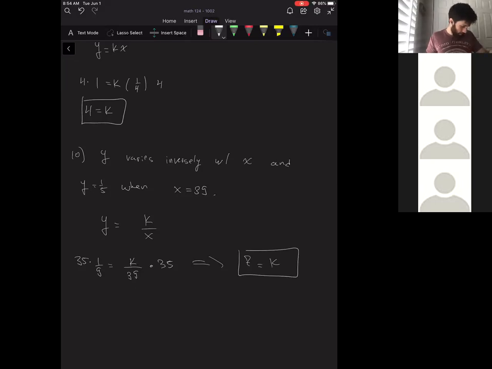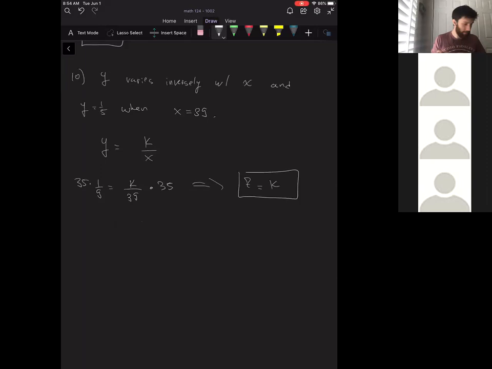Okay, and the last bit of problems we have from the section, 25 and 31. The next bit of definitions from this section is what does it mean to vary directly with the square of x, or inversely?